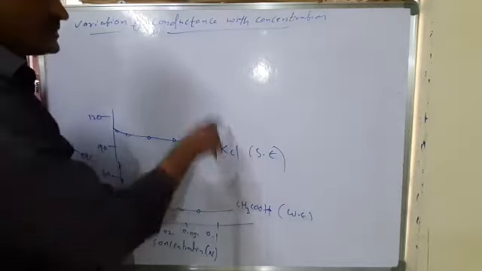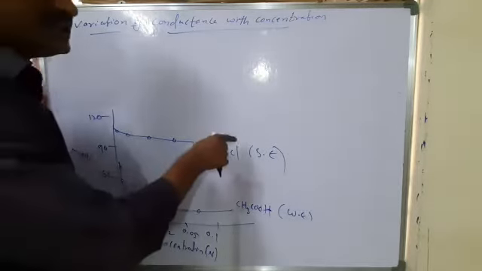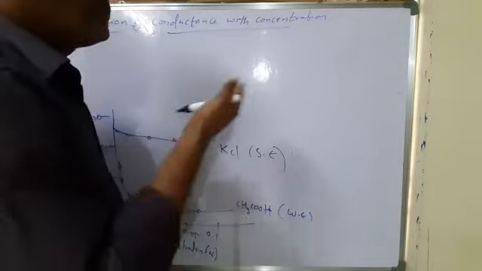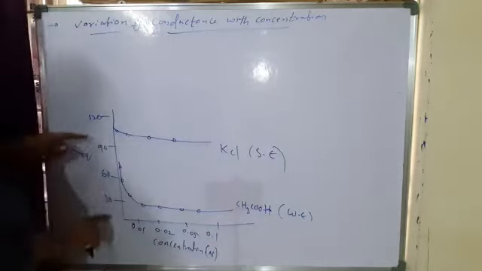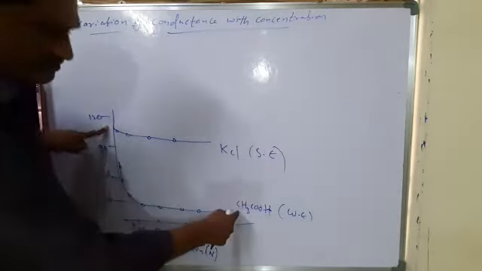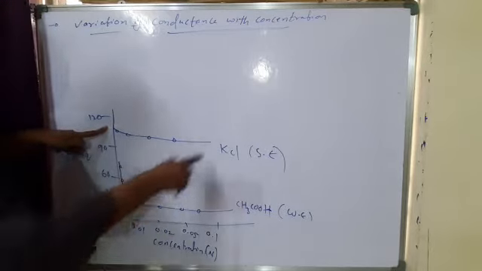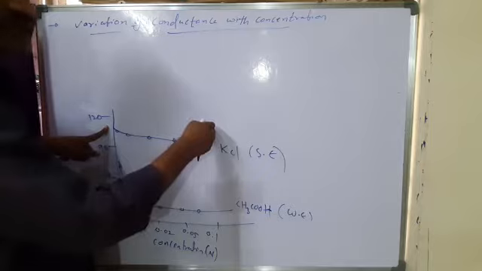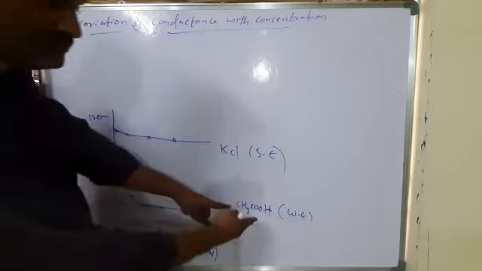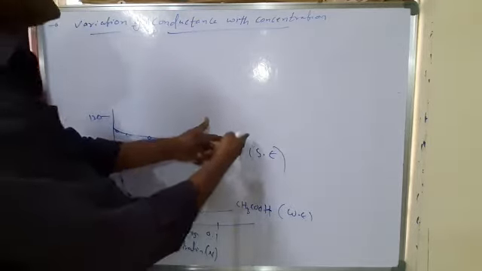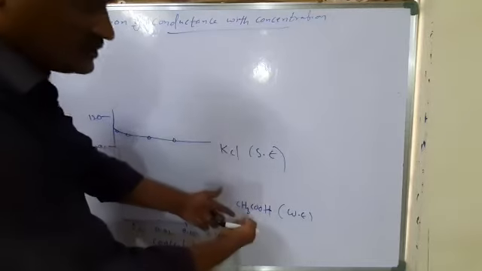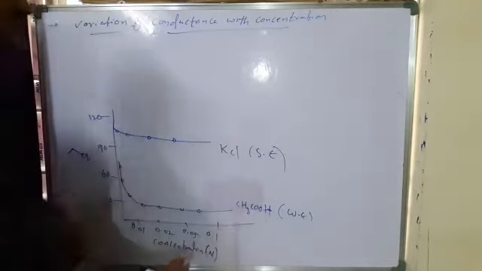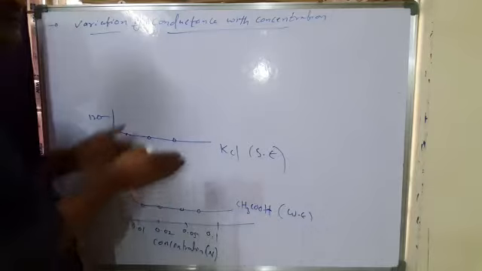Strong electrolytes have more ions initially, so their conductance is very high compared to weak electrolytes, which have fewer ions and less conductance. So upon dilution, what happens?